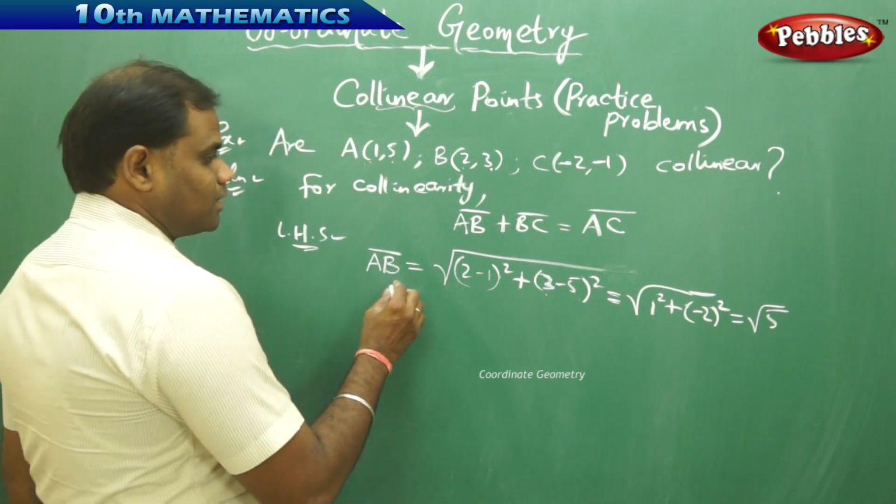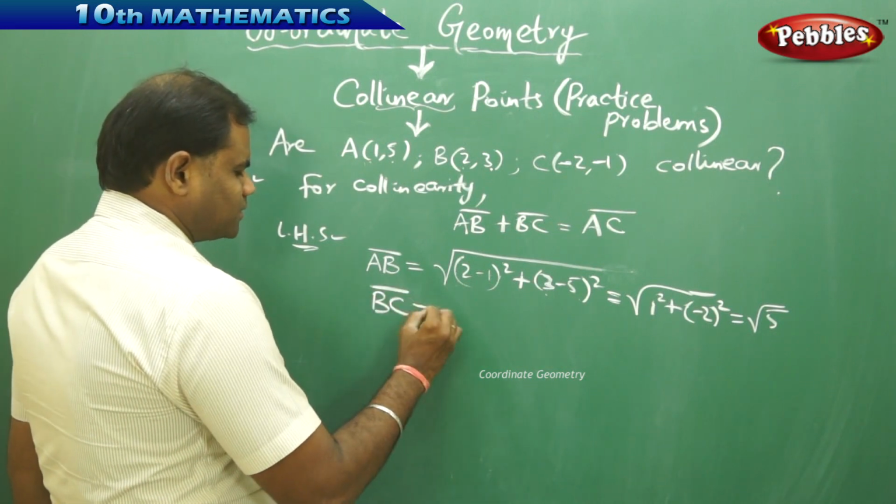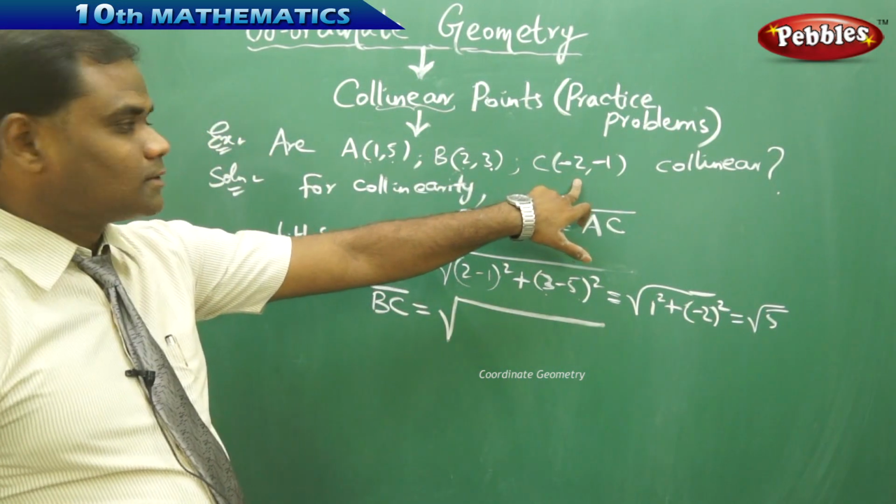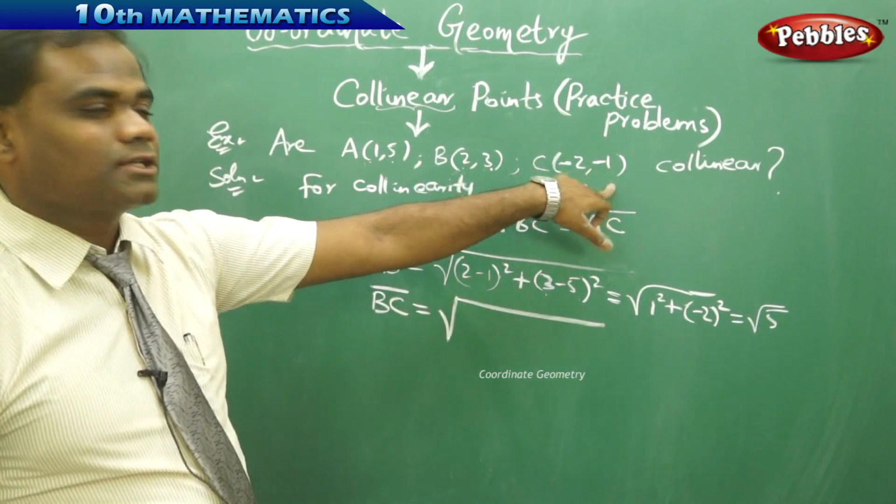Similarly, let me find BC, which is the distance between the points B and C, where this is x1, y1 and this is x2, y2.